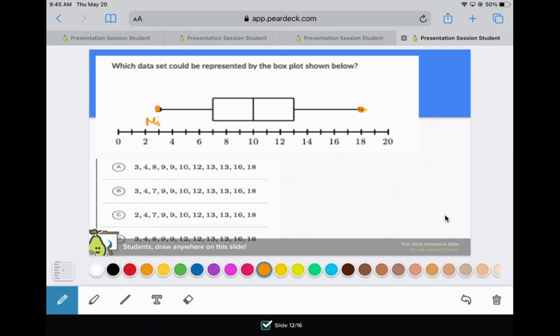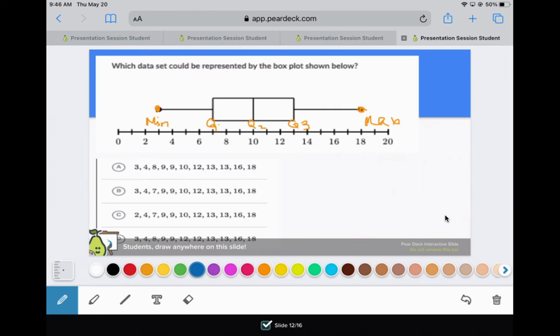So this is my min, this is my max. The lines in the box are Q1, Q2, and Q3. So that's every box and whisker plot. Those are the 5 things that you should know. It will list them there. Okay. So let's identify the values.